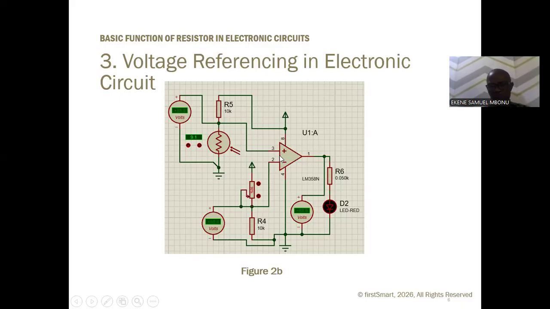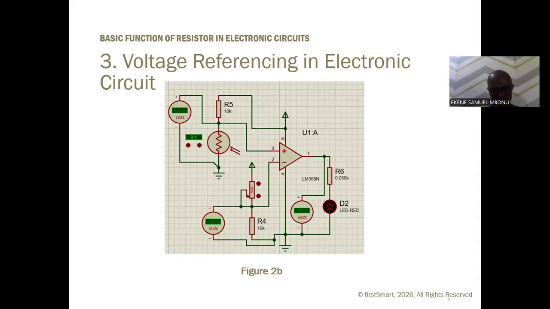When we want to configure it as a comparator, we normally make one of the pins, either inverting or non-inverting, constant. The voltage must be constant. One of the ways to make the pin constant is to reference that pin using a voltage divider.